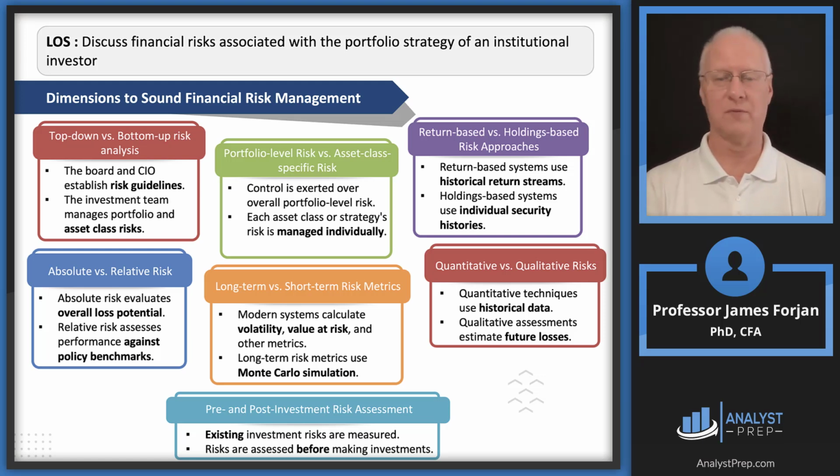You've heard me say this before. The Institute is very big, and I can't guarantee any questions, but somewhere in the Level 3 exam, the Institute is going to ask you to review and edit and evaluate and monitor and review. Did I say review? So that's really just the pre and post. So you're always going to say something like, we thought we had this much risk beforehand.